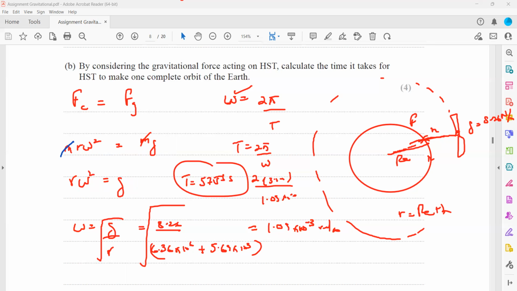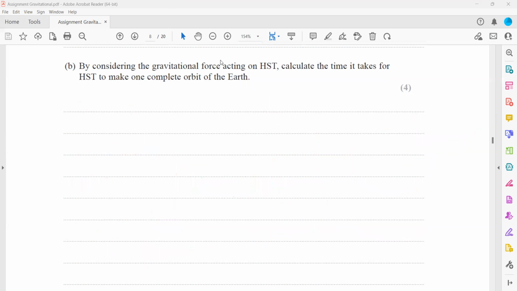Is it clear? Which is about 1.6 hours. So both ways you can get the time period. First find omega, and from omega work out the time period.